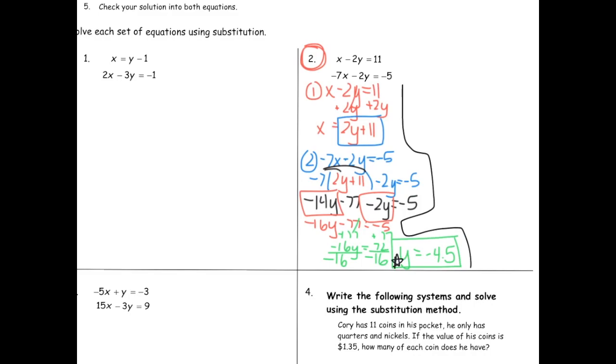So you're going to take the most friendly looking equation, the easiest one to deal with, and quite personally, I think you'd agree with me, it is that top one. So I'm going to write x minus 2y equals 11, and instead of y, I'm going to replace it with negative 4.5.